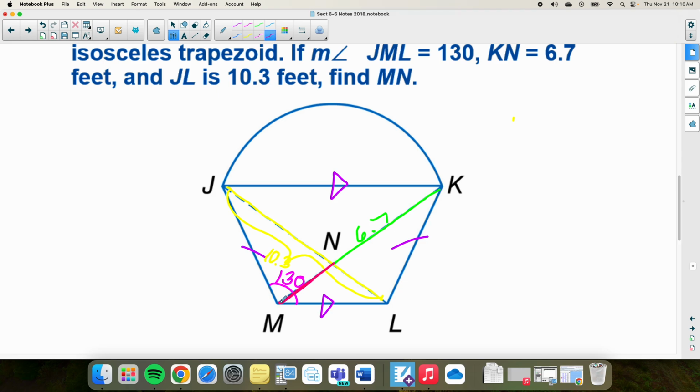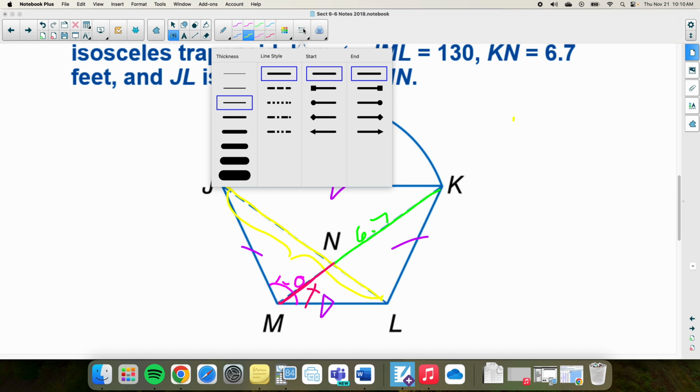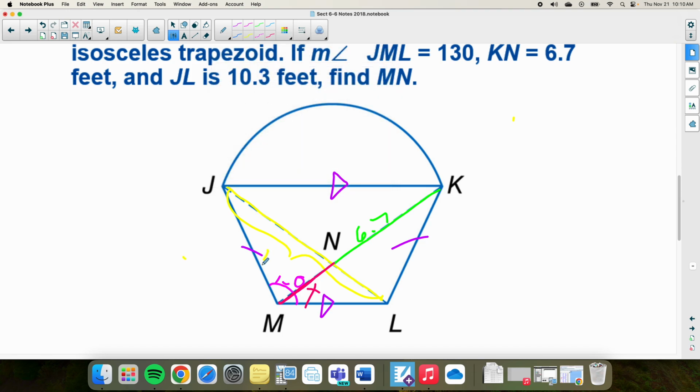Okay, so if that whole thing is 10.3 and KN is 6.7, what they're asking us for here is this distance right here. Okay, I just want to fix this real quick. This is 10.3, okay? One of the things I talked about is that the diagonals are congruent if it's isosceles. So if this whole thing is 10.3 and this is 6.7 and you need to find x, shouldn't this one also be 10.3?